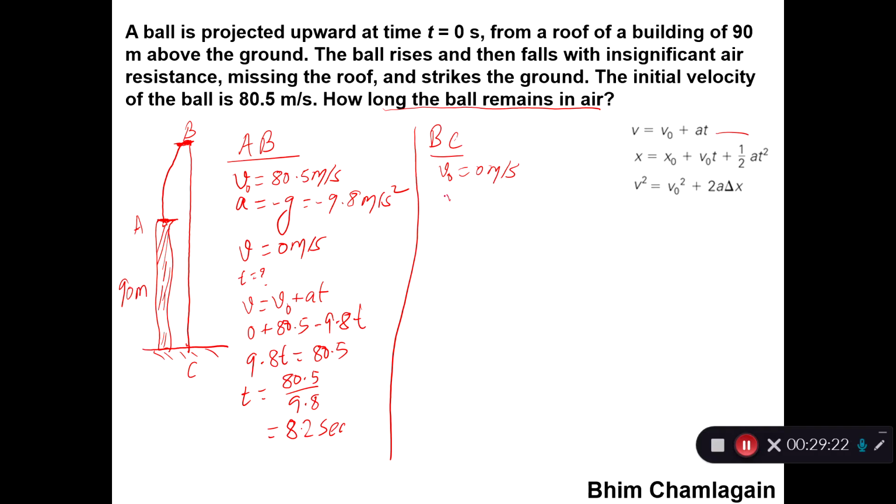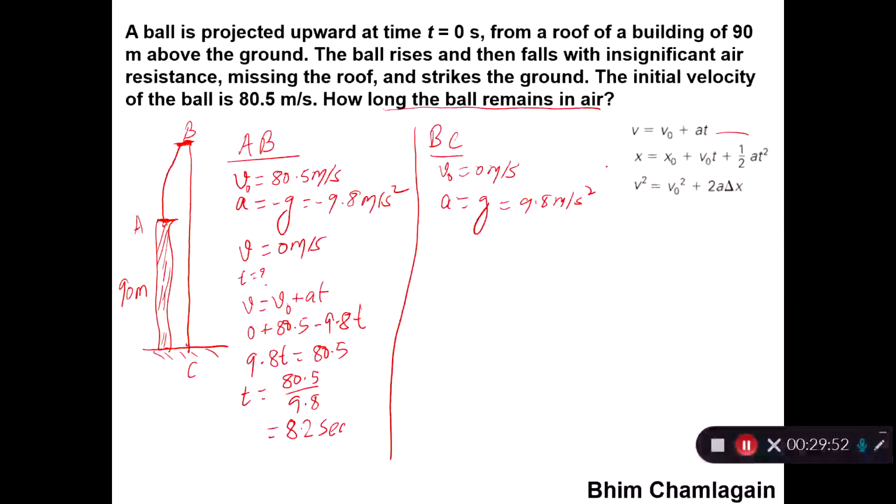And A is positive g, because the ball is moving downward from B to C, along the direction of gravity, so that is 9.8 meters per second squared. Now we don't have a third quantity right now, so to calculate T we need a third quantity.